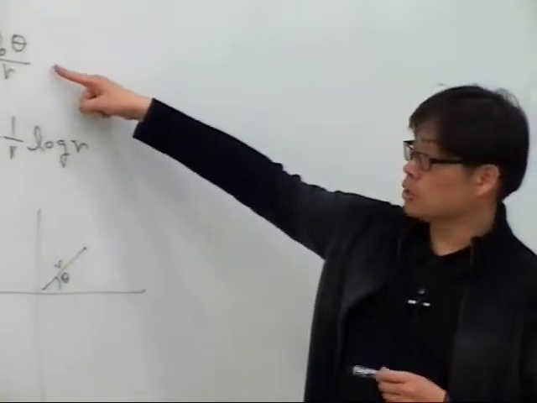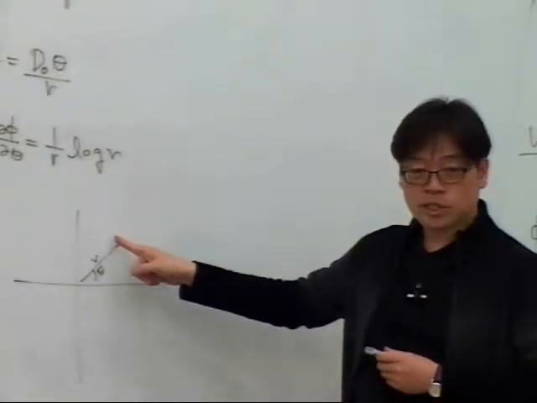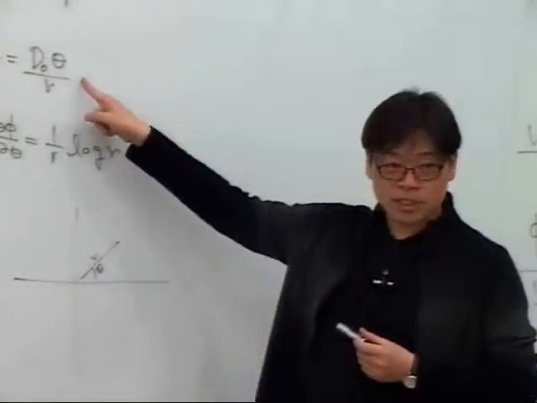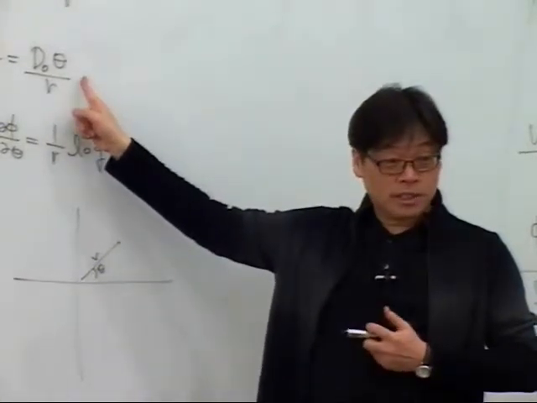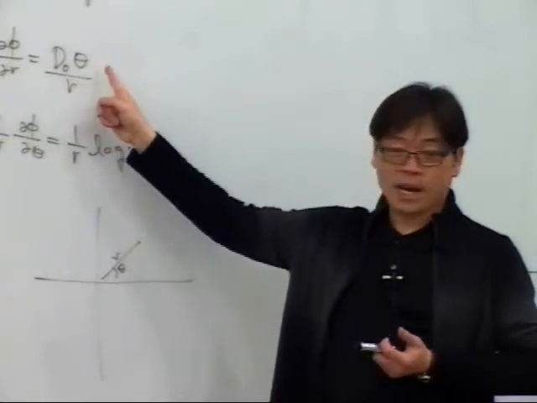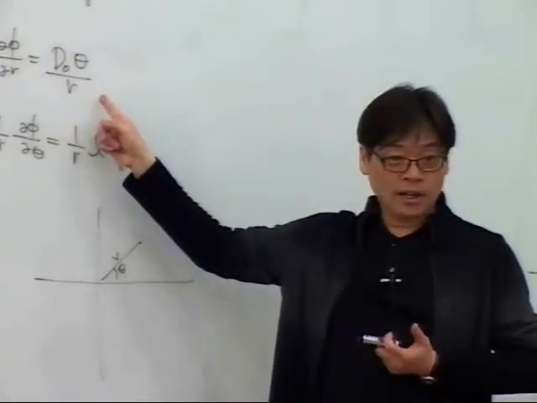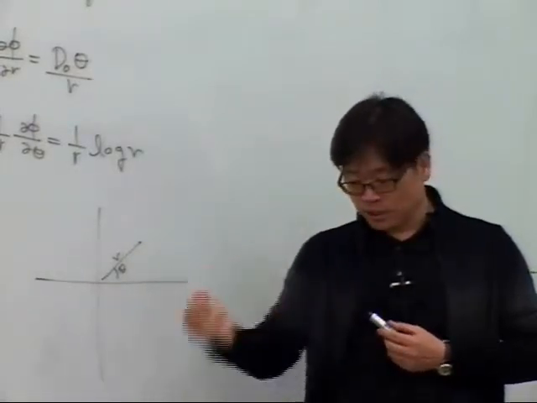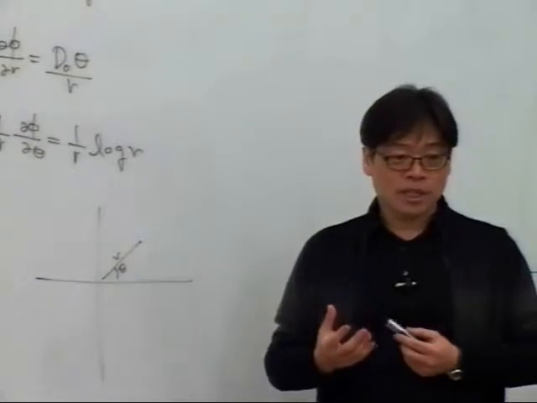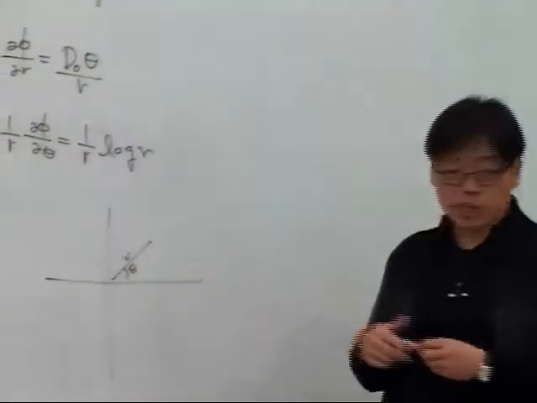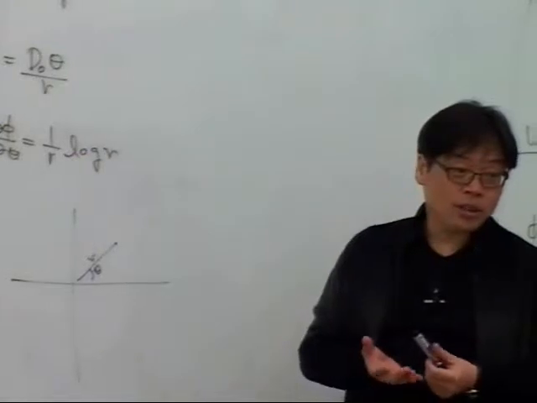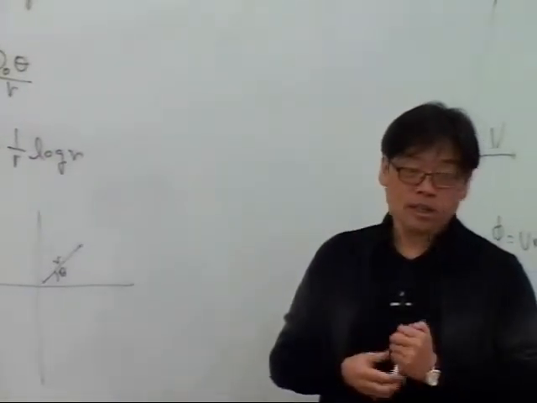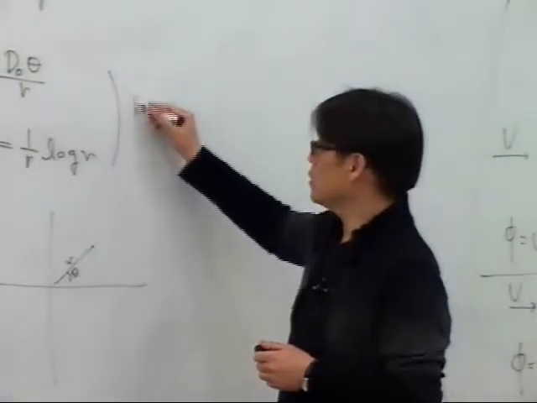But if you look at this radial velocity, when theta equals 0, and when I go back, theta becomes 2 pi, my velocity has changed from 0 to 2 pi d naught divided by r. So even though I'm talking about the same point in the physical domain, my velocity has changed, which is not allowed. If I have a point, I should have only one velocity. So in that sense, this is not physical.